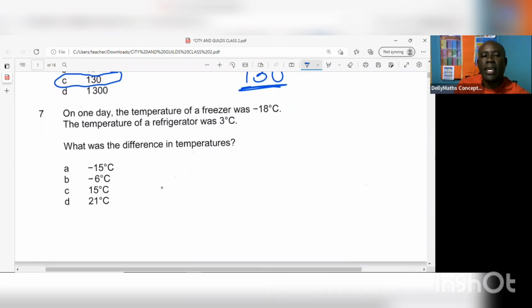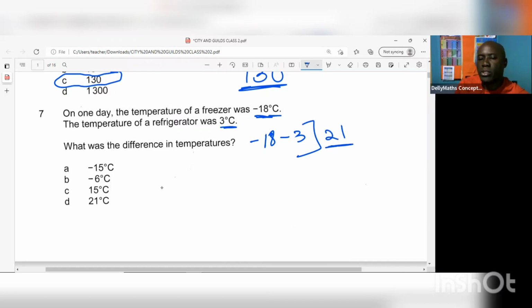On one day, the temperature of a freezer was negative 18. The temperature of the refrigerator was 3 degrees Celsius. What is the difference? We're talking about negative 18 minus 3. So the difference in temperature is actually 21.